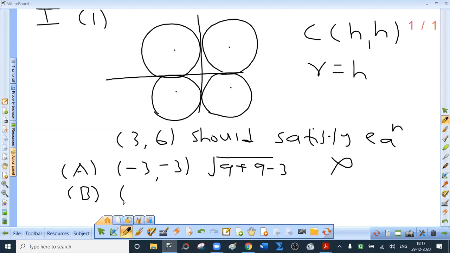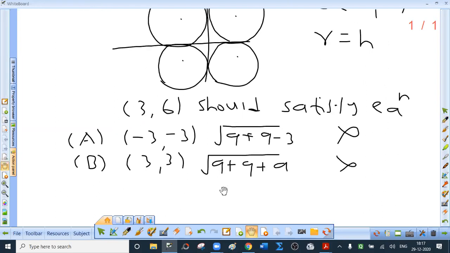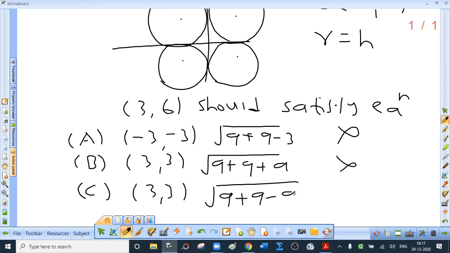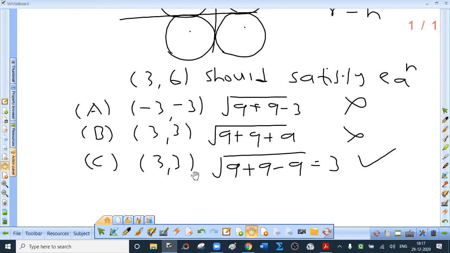What about B? 3, 3, 9 plus 9 plus 9. No, B is not the correct option. Go for C. 3, 3. Okay. Radius is root of 9 plus 9 minus 9. That is 3. Yes. So correct option is C.